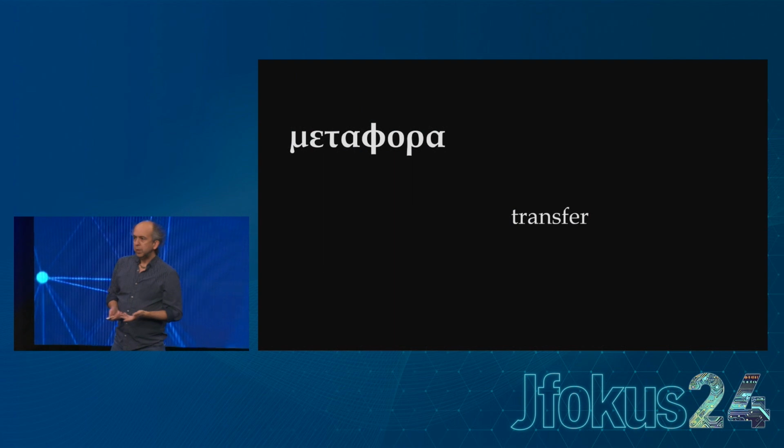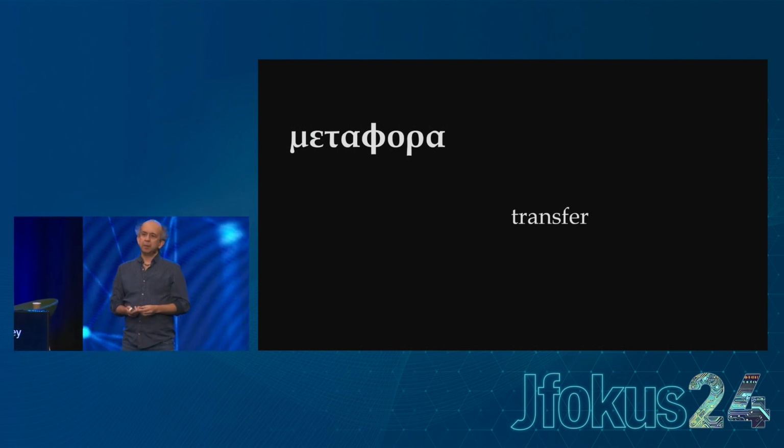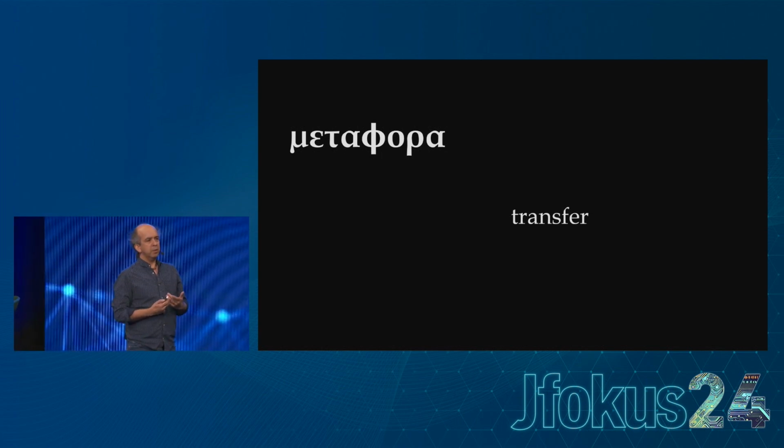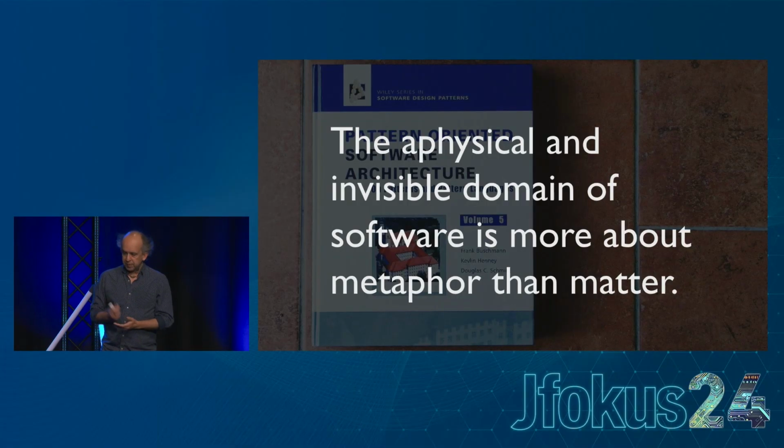What we're doing with a metaphor is we are creating a mapping, okay? And this is what we do in software a lot of the time. In the Poser 5 book that I co-authored a number of years ago, we made the observation that in software, the physical and invisible domain of software is more about metaphor than matter.